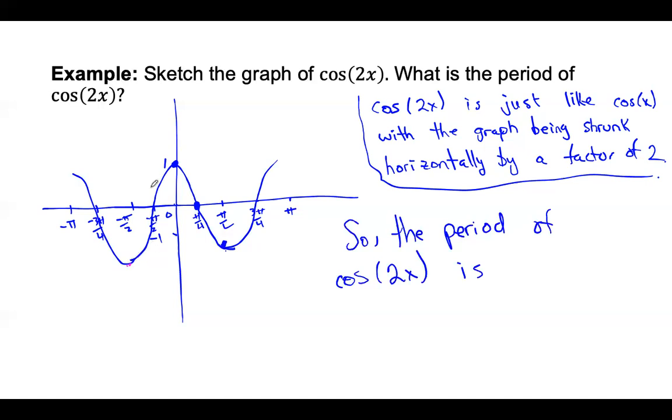You can start anywhere on the curve, it doesn't really matter, but let's pick here. So you go up and down. This distance would be the period. So this period is equal to negative pi divided by 2 to pi divided by 2. That is equal to pi. So the period is therefore pi.